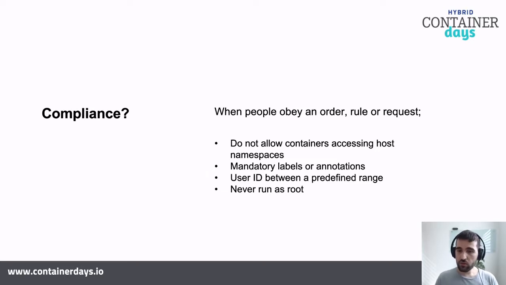And maybe we also want to enforce that all the container images run in our cluster should be signed by a trusted entity, so we can ensure a secure supply chain, among other things. So we can say that a compliance rule set is everything that keeps our cluster consistent, secure, and easy to evolve.